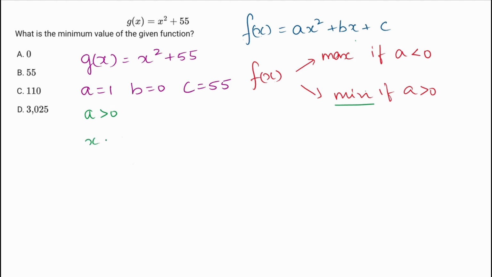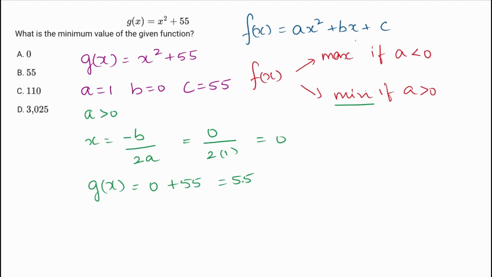So I have x equal to negative b by 2a, which will give me 0 divided by 2 times 1, which is equal to 0. Now substituting my x value in the given equation, I have g of x equal to 0 plus 55, which is equal to 55. So 55 is the minimum value of the given function.